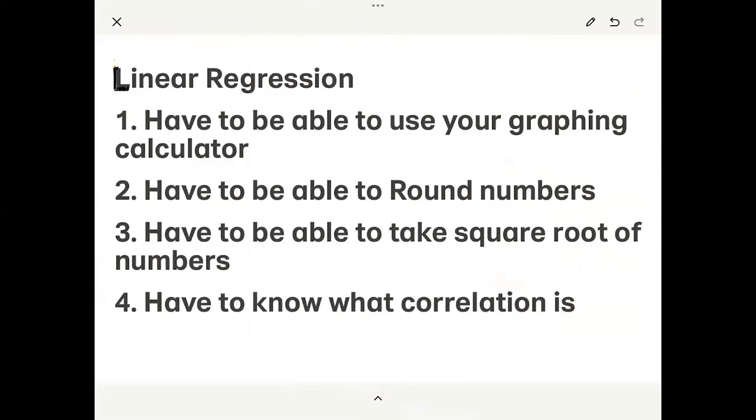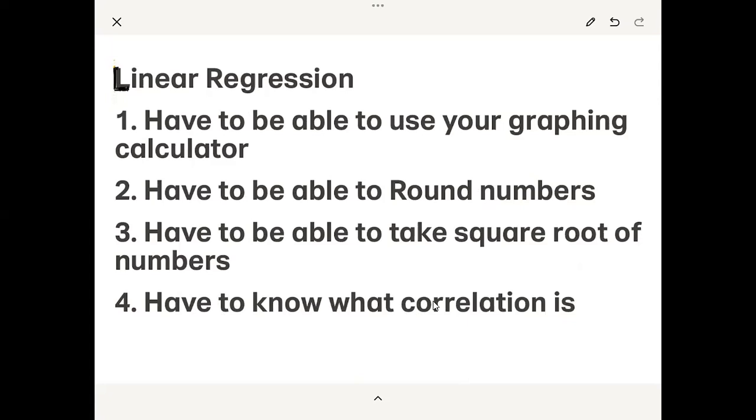You also have to be able to round because almost all linear regressions are going to involve some rounding decimals. And unfortunately, a lot of students struggle with that. Third, at least for the way I'm going to show it, you have to be able to take the square root of a number because that's going to be how we find the correlation coefficient. And then you need to know what correlation means and how to explain it.